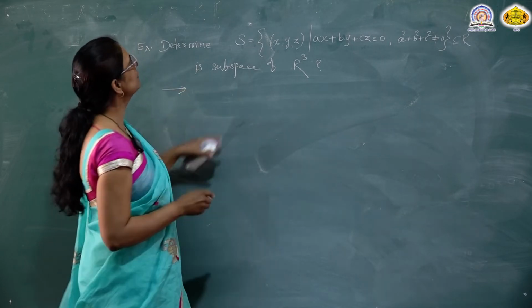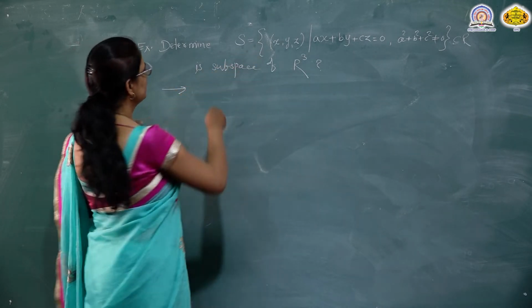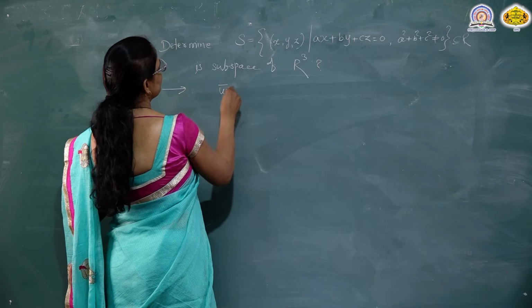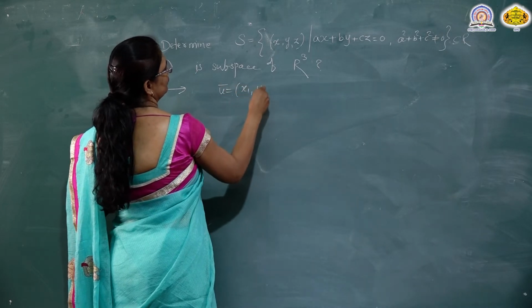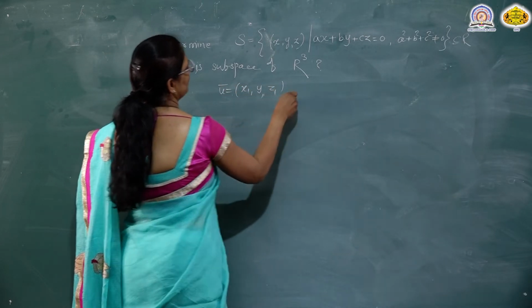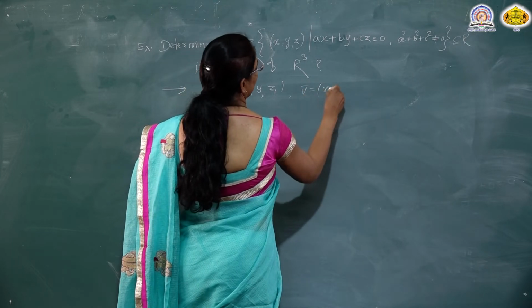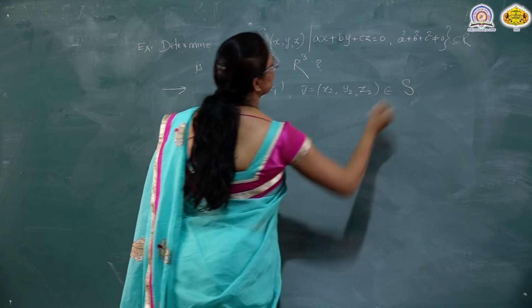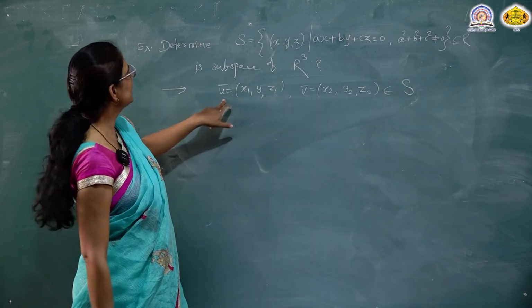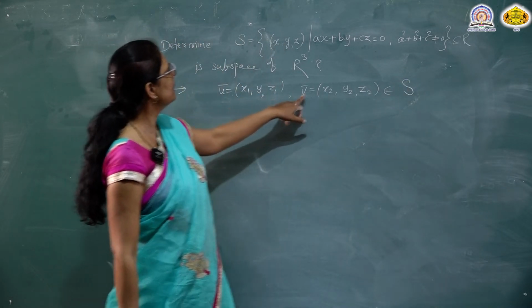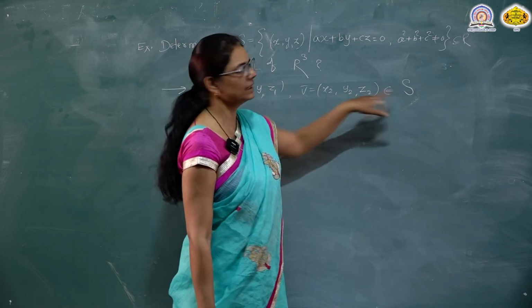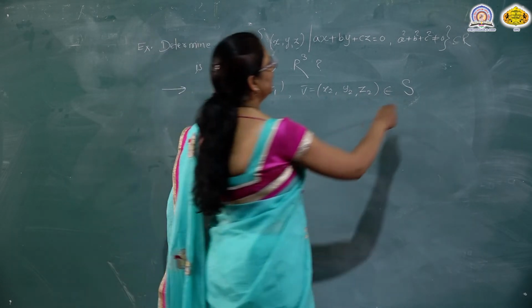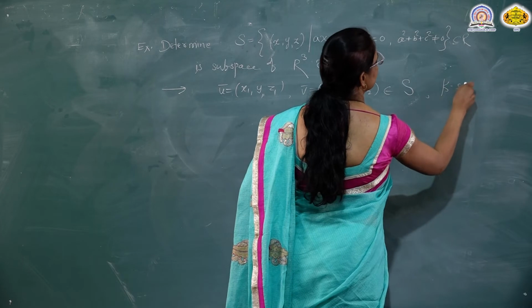So for that we take two elements from S. Let u bar equal x1, y1, z1 and v bar equal x2, y2, z2 be elements of S, and take one scalar.